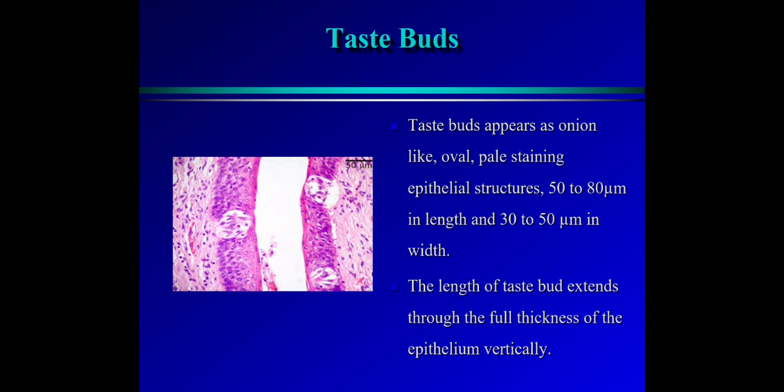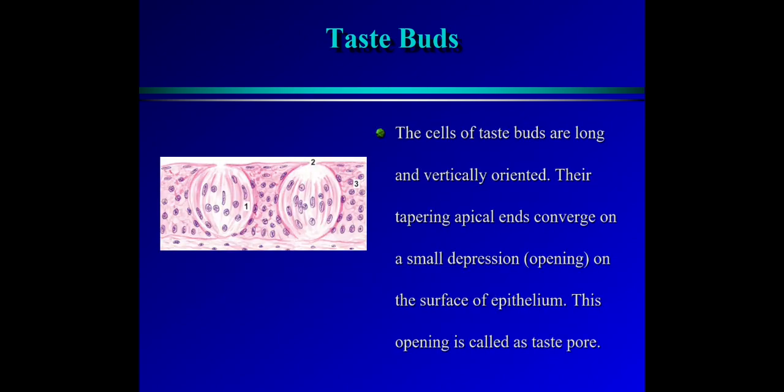The length of the taste bud extends through the full thickness of the epithelium vertically. So whatever the thickness of the epithelium, the taste buds span the full thickness. The cells of the taste buds are longer and vertically oriented.